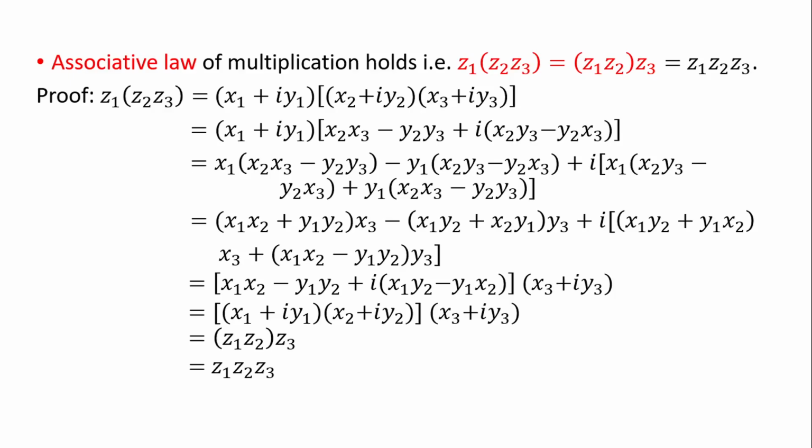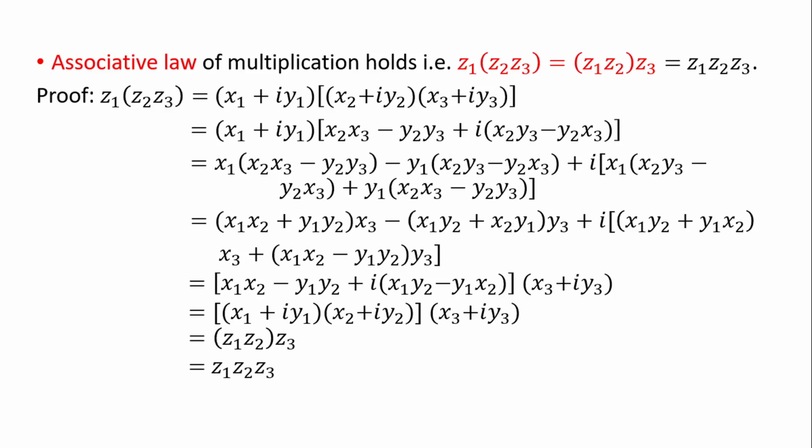Now let us see the distributive law, or law of distribution of product over summation. For this, again we consider three complex numbers Z1, Z2 and Z3. The summation Z1 plus Z2 is multiplied with Z3, so Z1 into Z3 plus Z2 into Z3, and this we have to prove.